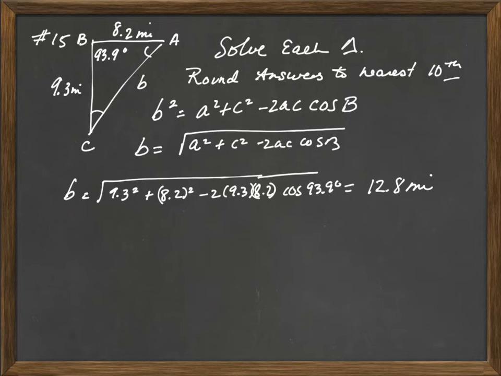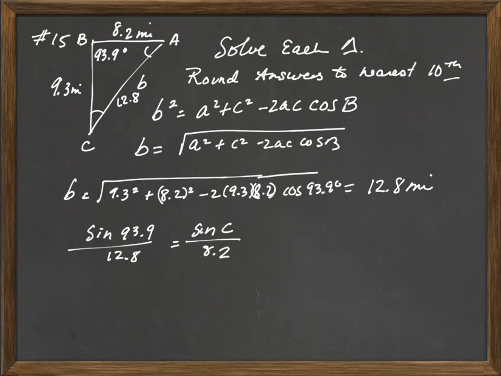Now that this is 12.8, I can use the law of sines. So the sine of 93.9 over 12.8 is equal to the sine of C over 8.2.